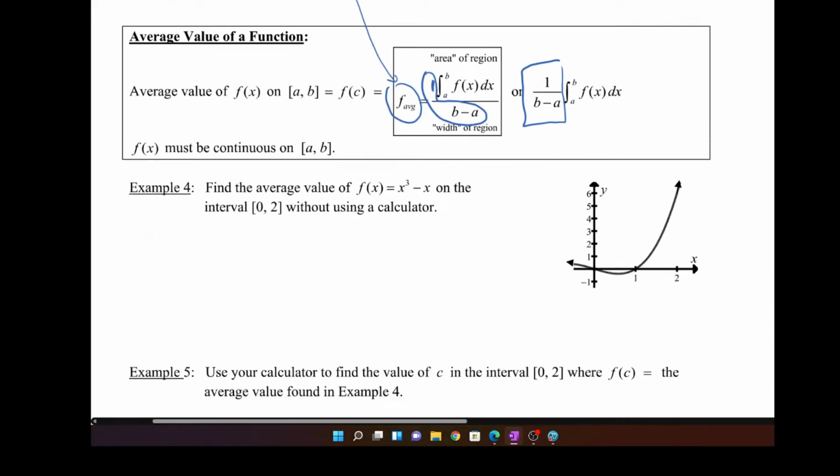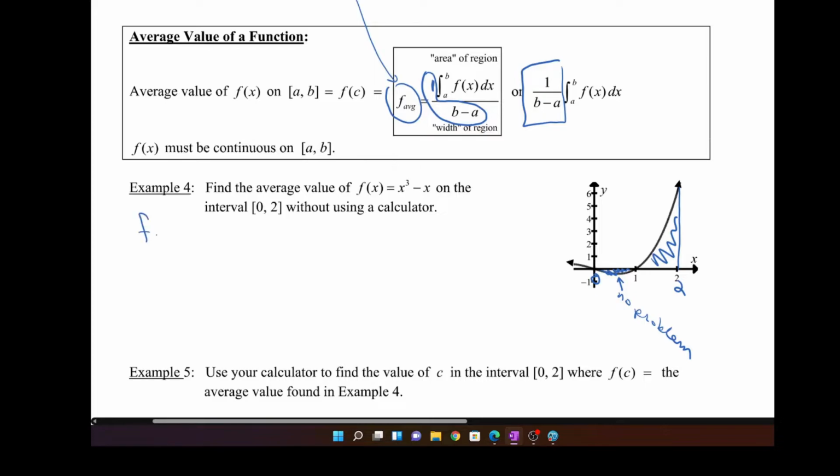Okay, so now let's actually do a problem, and we're saying we want to find the average value on the interval from 0 to 2, which means I'm calculating this little bit and this little bit. And remember, I don't have to worry about the negative right here. This is not a problem. That's calculated when I do the integral.